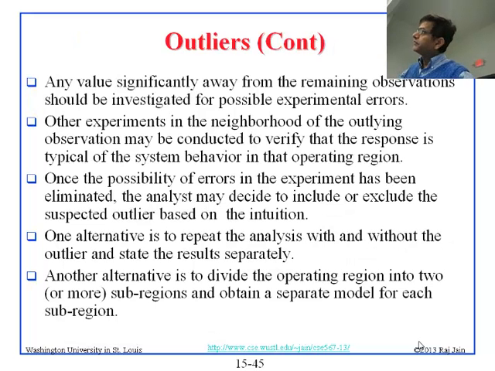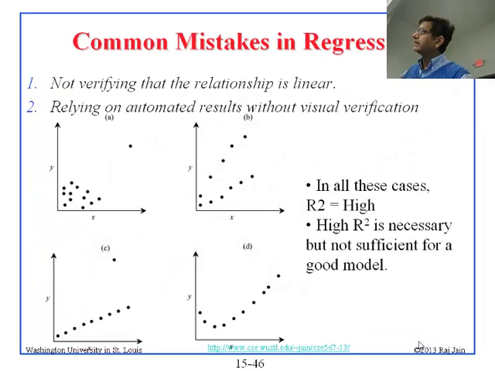All right, let's see if we finish the other points. So basically, this is the same thing we are saying, that you may want to do some more experiments in that region to find out if this is just an error or a different region of operation.